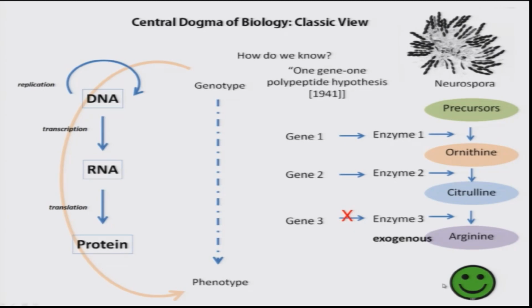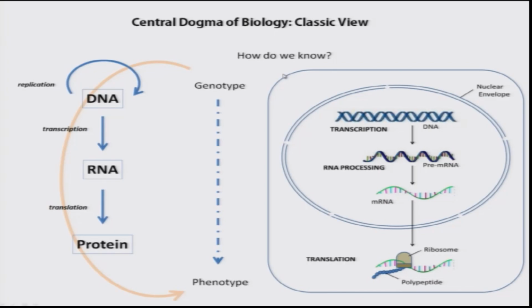So this hypothesis, which we now call the one gene, one polypeptide hypothesis, was proven by these experiments, and it led to the discovery that all these metabolic pathways and other events that take place in our cell and body are regulated by genes. So that's a foundation for our understanding of the central dogma of biology, DNA to RNA to protein, right?